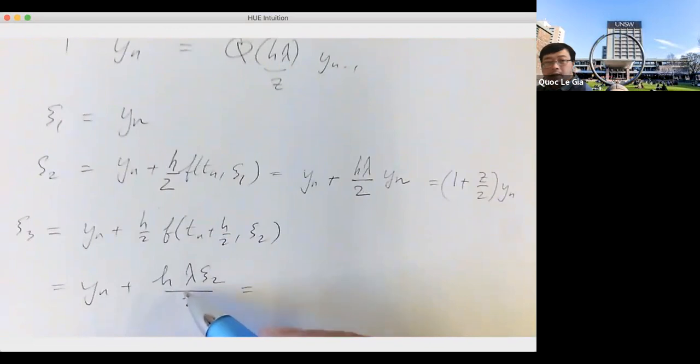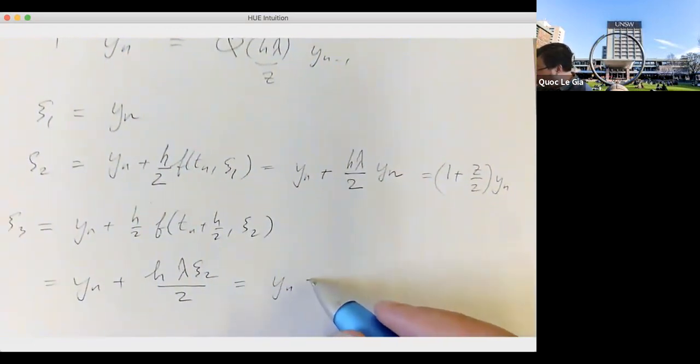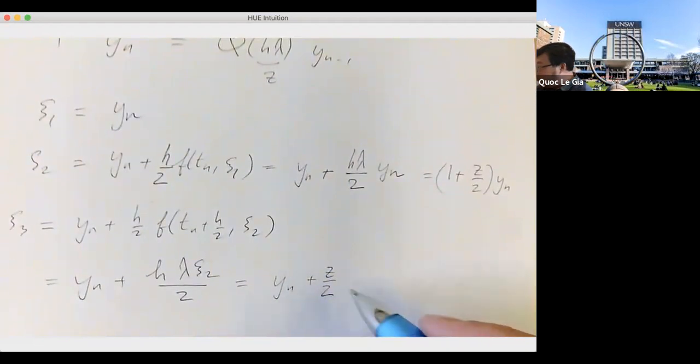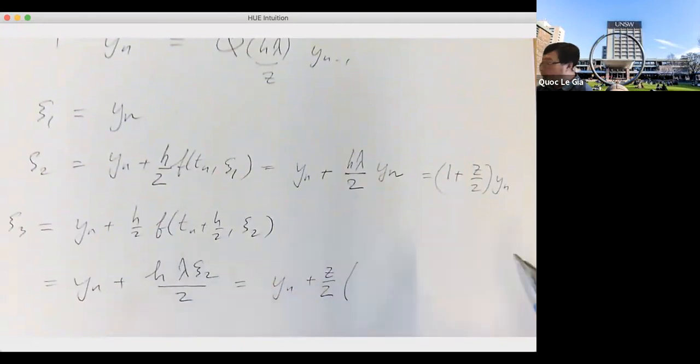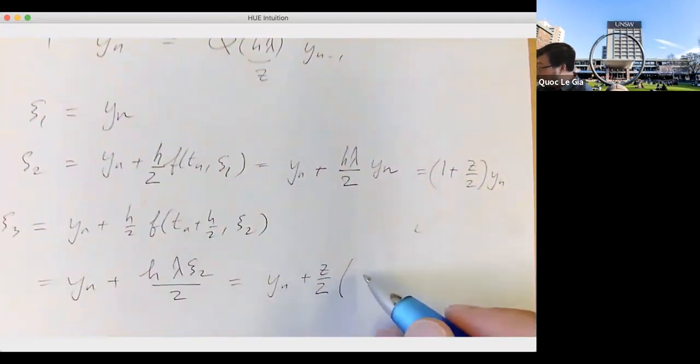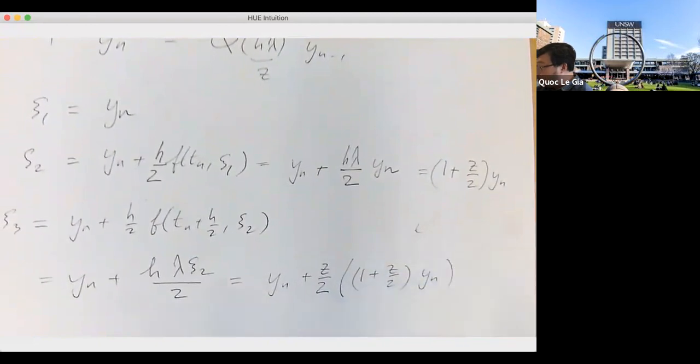And z is h lambda, so you got yn plus z over 2 times xi2, so 1 plus z over 2 yn.